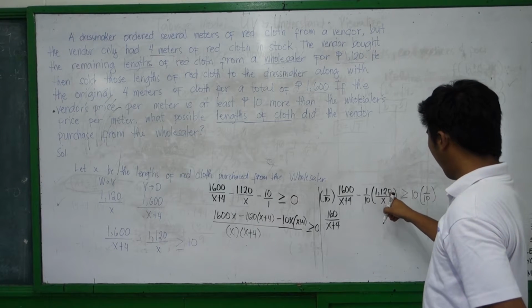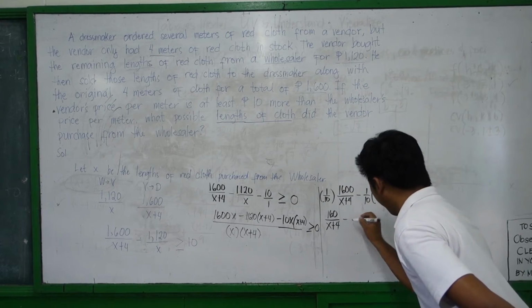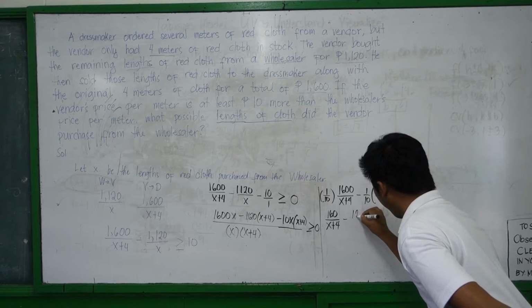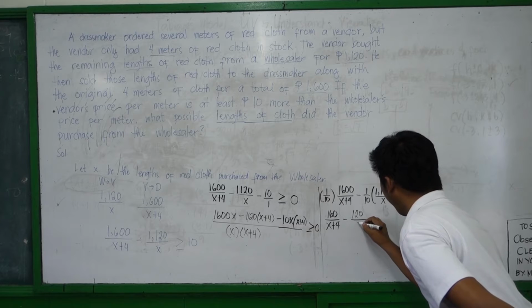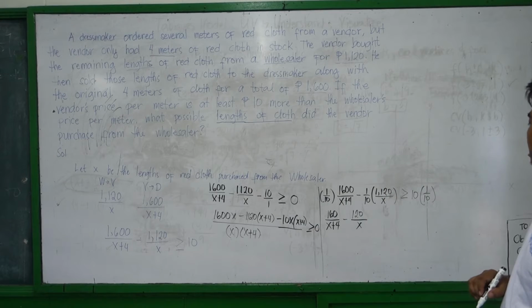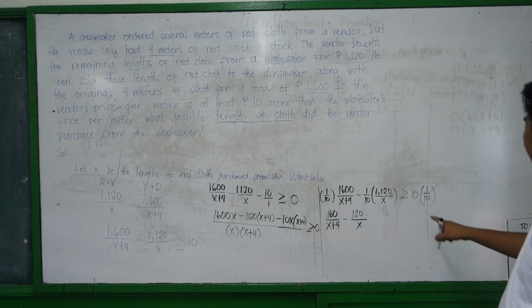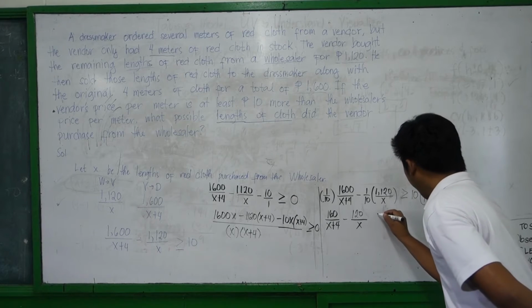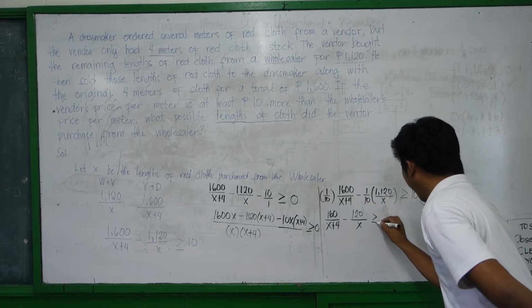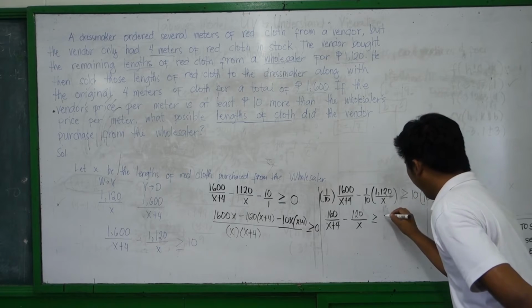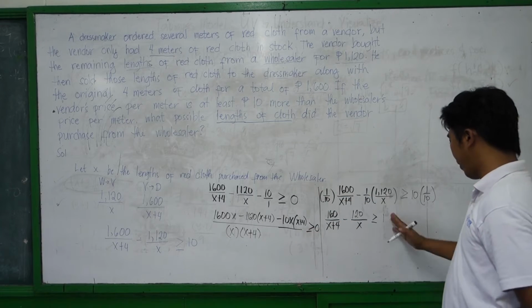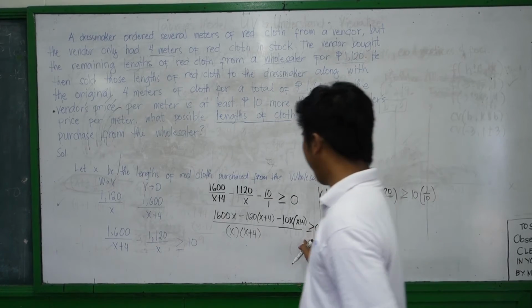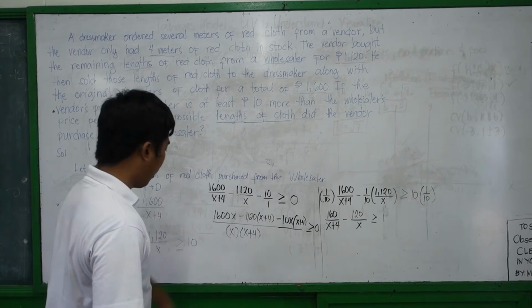Here, 1,120 divided 10, that is 112. Okay, 112 over x. Okay. Alright. Here, next, that's greater than or equal to 10 divided 10, that's 1. Okay? Now, ito ibalhin si 1 later para ma-0 direct. Same here, ma-0 po. Let's continue here.